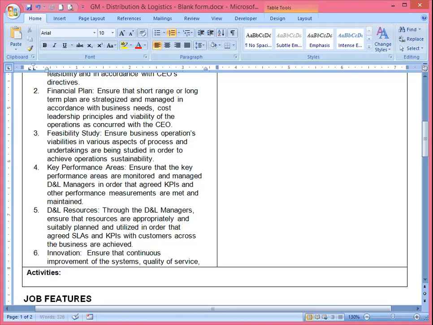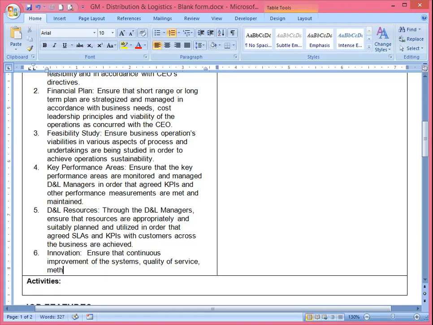What else? Quality of service methodologies. You have to always improve your methodologies. As we say, there is always room for improvement. You have to improve always.